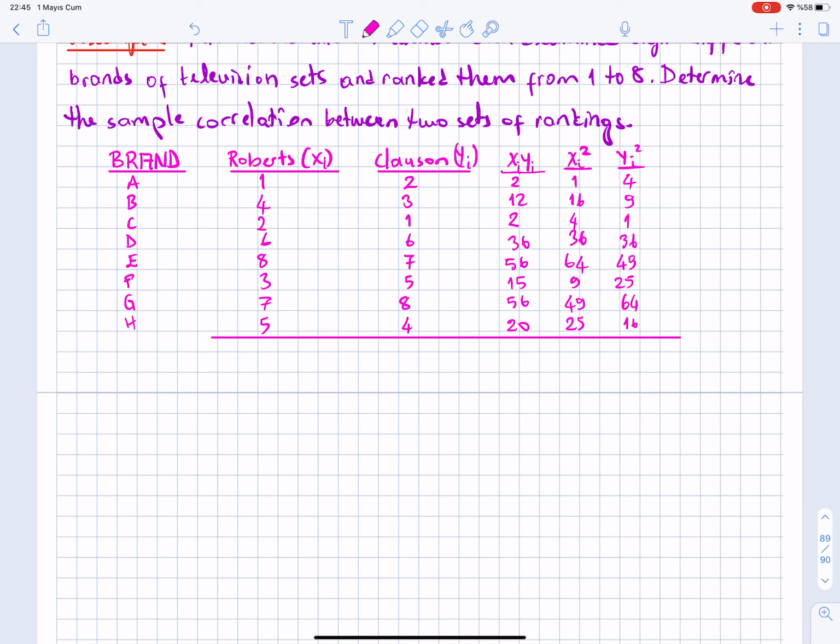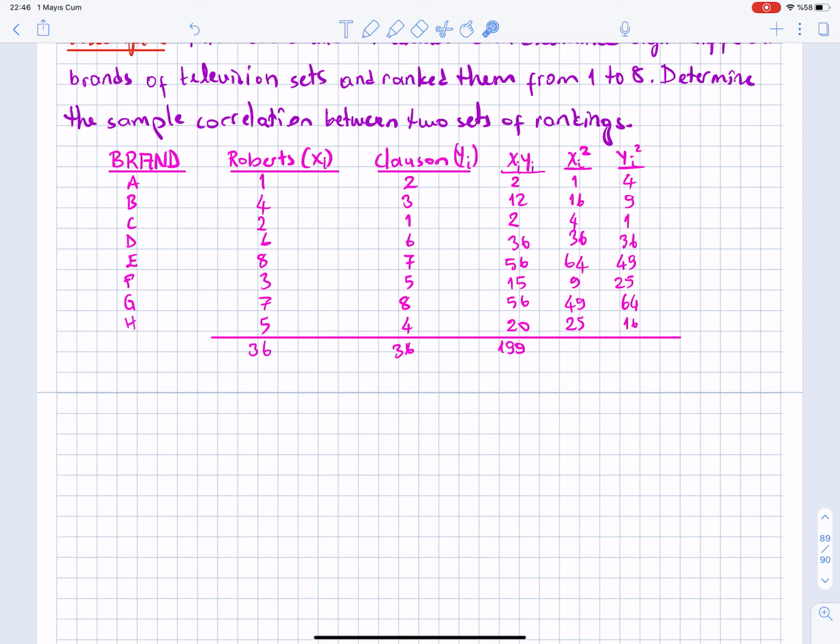The sum of x is going to be 36. The sum of y is also 36. Summation from 1 to 8 is always 36. For the cross product, the sum of xi times yi, adding up all these values, you get 199.